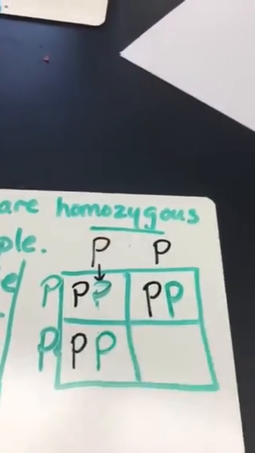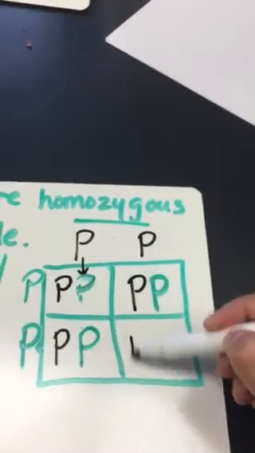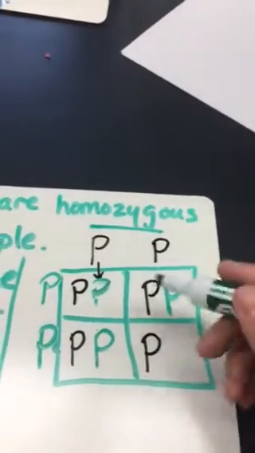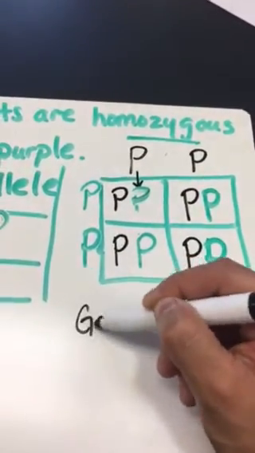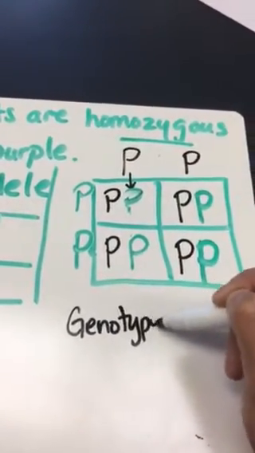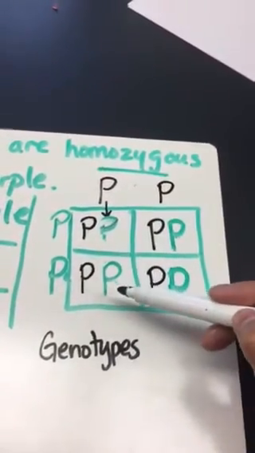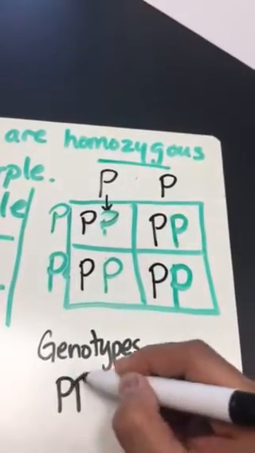You should start to see that each parent, for all of the offspring that are available, will give a capital P. Now that we know that, the parents are on the outside and the offspring, their probability, is on the inside. So let's figure out the offspring's genotypes. What are the possible genotypes that we see? Well, I only see one type of genotype represented, and it is homozygous dominant, or 2 capital P's.